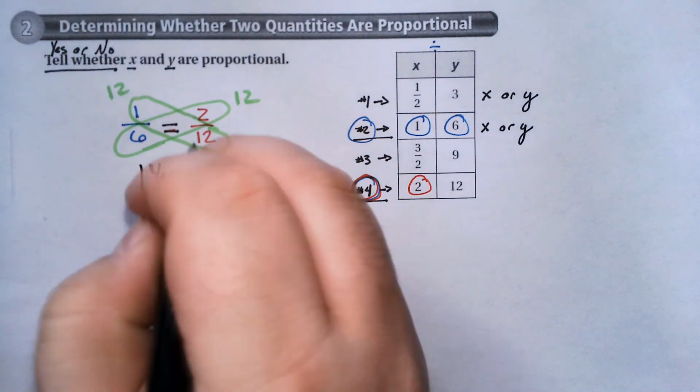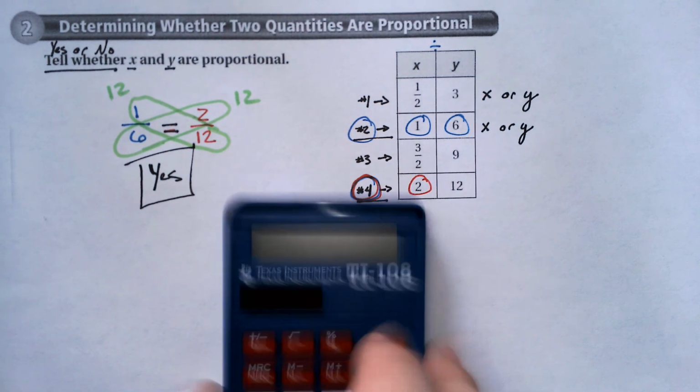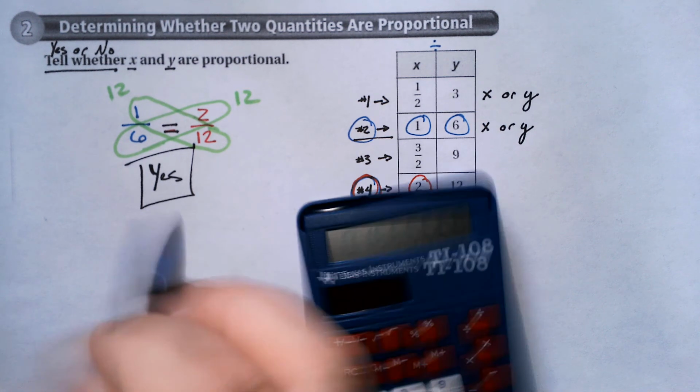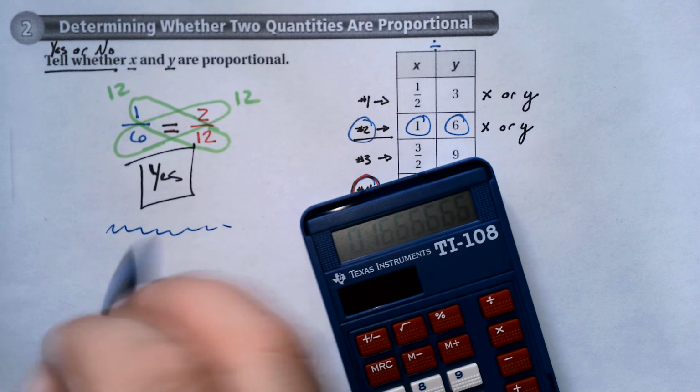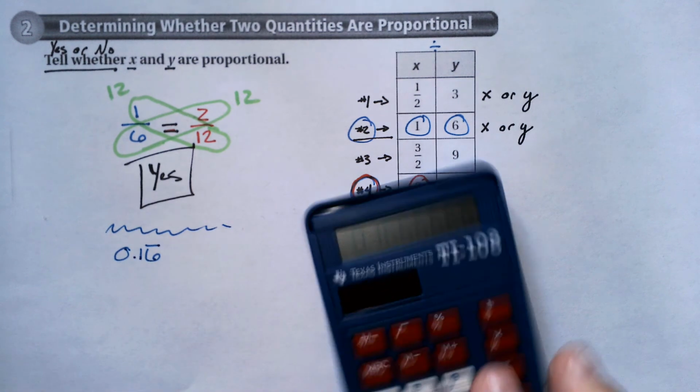Now, I could go through and do the decimal as well. Let me write that down, because remember, this is a second way. I could take 1 divided by 6, and what I'm going to get is 0.16 repeating.